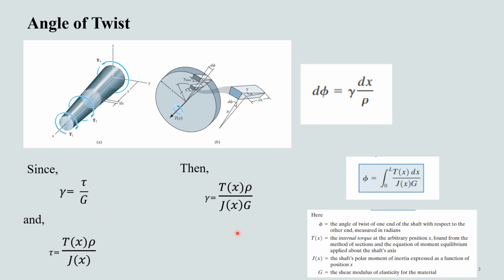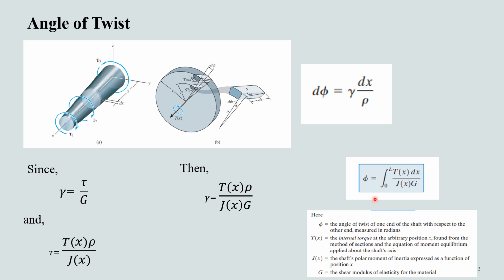And if we substitute this value of gamma in this equation and integrate the differential over the whole length, we come up with this expression. In this expression, phi is the angle of twist at one end of the shaft with respect to the other end, and it is measured in radians.